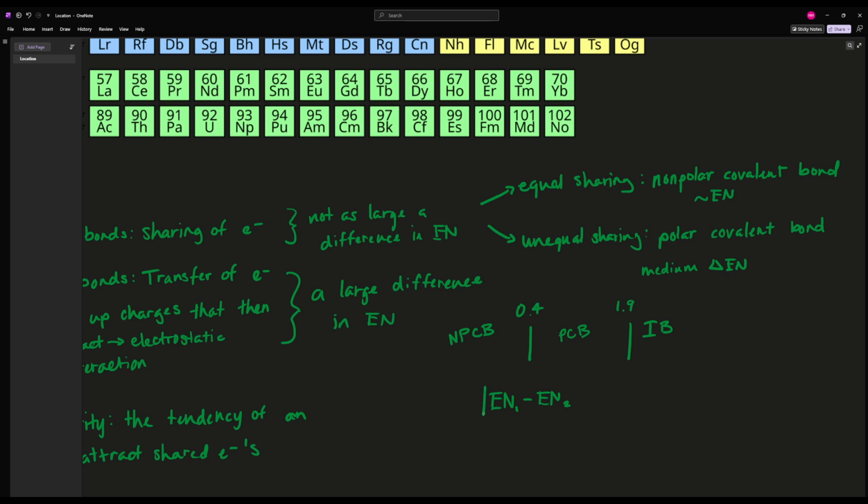Note that you should generally take the absolute value of this, so you end up with all positive values in this calculation. All right, so now we have a way to predict, given the electronegativities, the type of bonding that two elements will engage in. But we have yet to actually establish what our electronegativities are for our 6 elements.